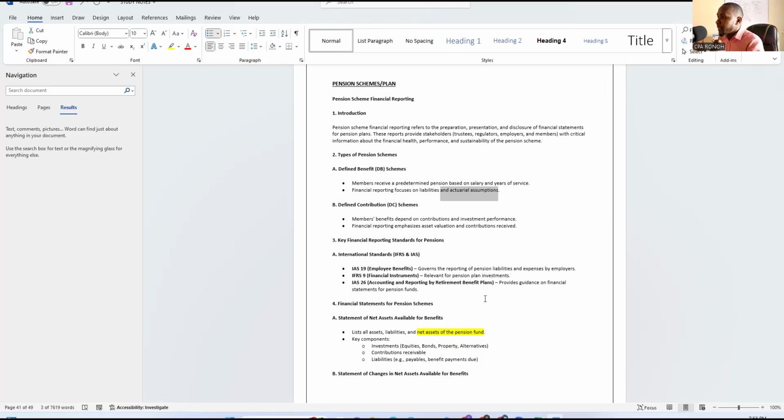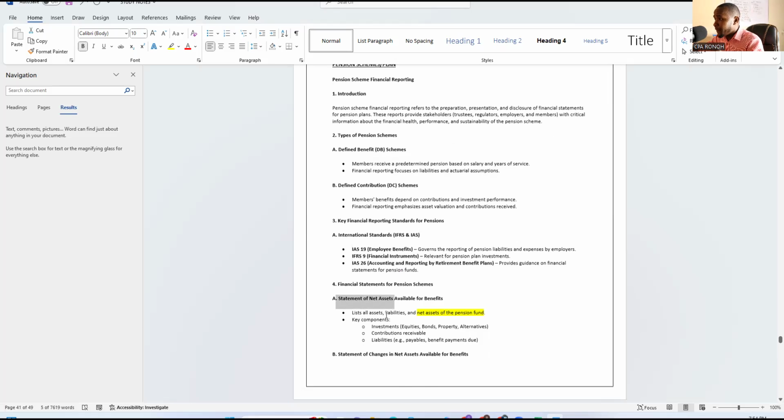If you look at this pension scheme, we don't say this is the expenditure and this is the income. They're just looking at what comes in and what goes out. So it's like we are preparing the cash inflow and the cash outflow of the pension scheme. So that's what you need to do when it comes to the statement of the net assets.